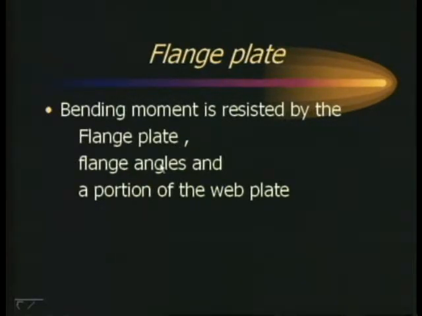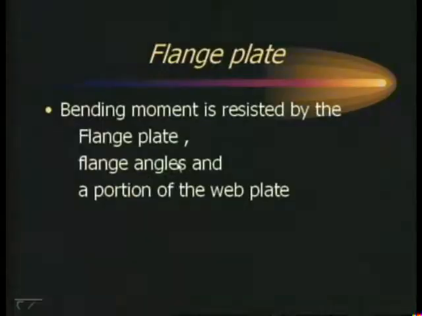We also have flange angles at the top and bottom, that is in the compression zone and in the tension zone. In the figure you have seen, we have 2 angles at the top, that is in the compression zone, 2 angles at the bottom in the tension zone. So these angles also contribute to the bending moment.